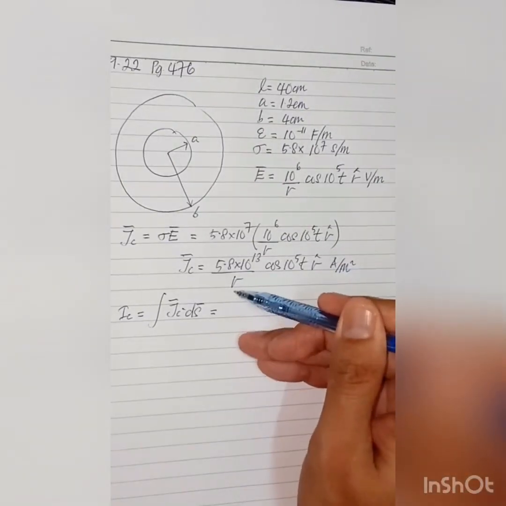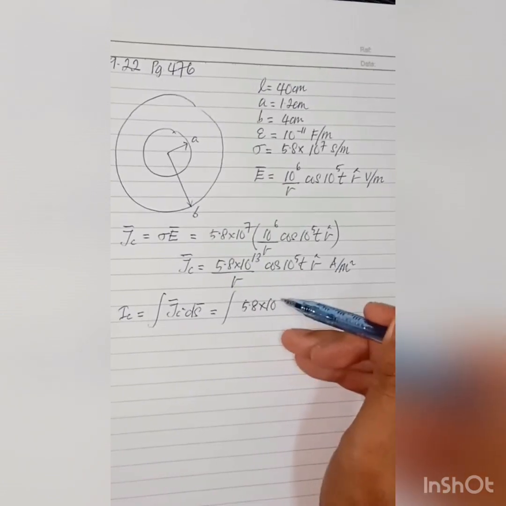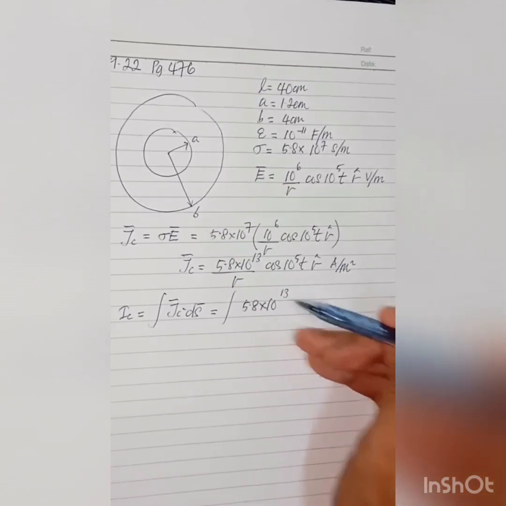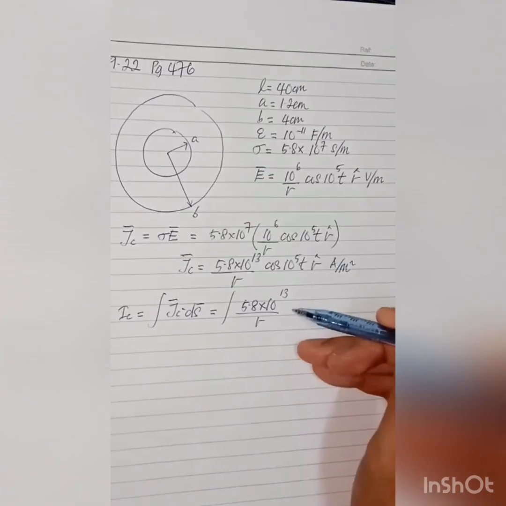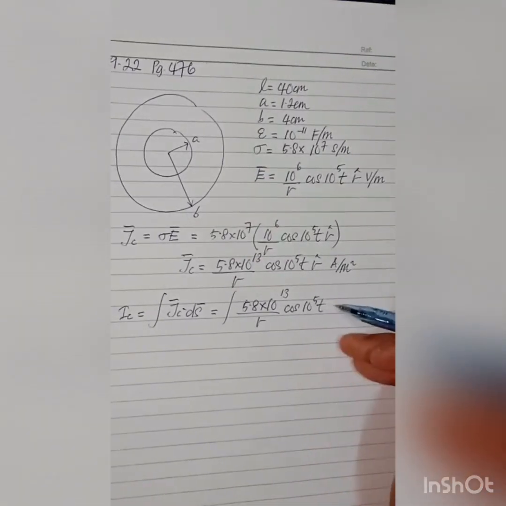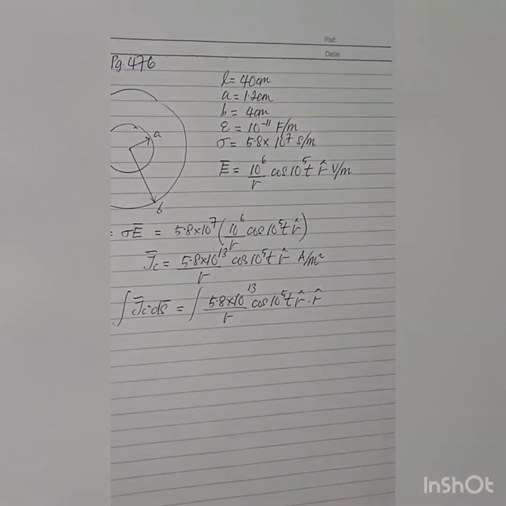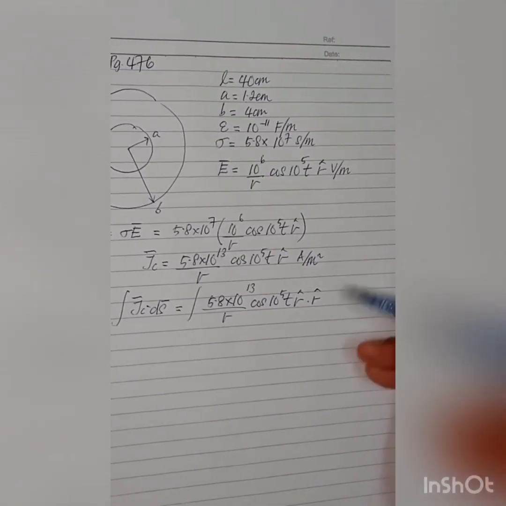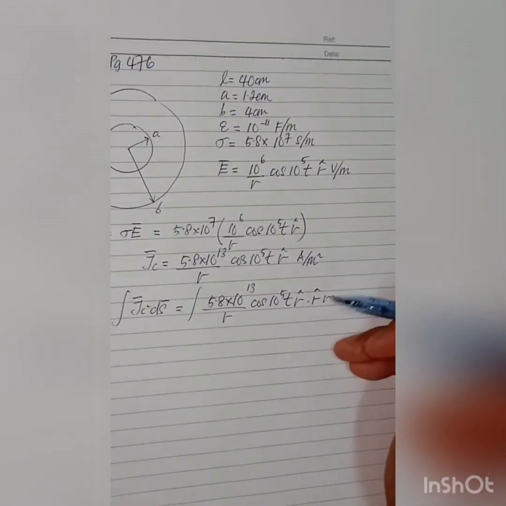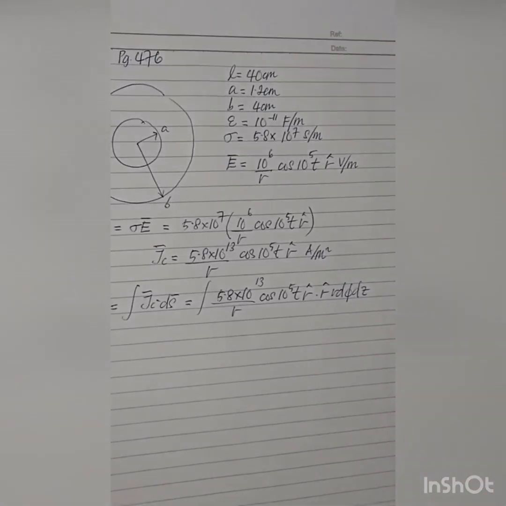Now we have the integration of 5.8 times 10 power of 13 over r cos 10 power of 5 t in the r direction, and now the dS again must be in the r direction to make it valid. Now we have here the r dphi dz.